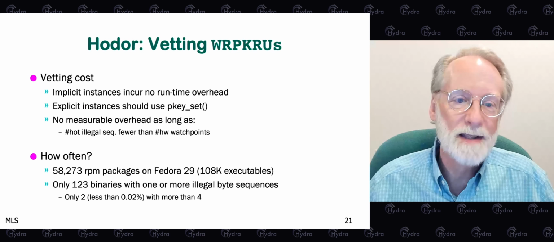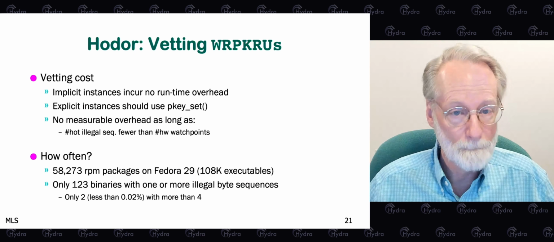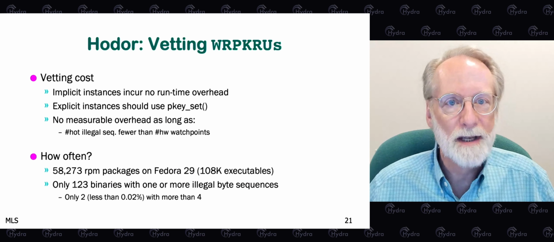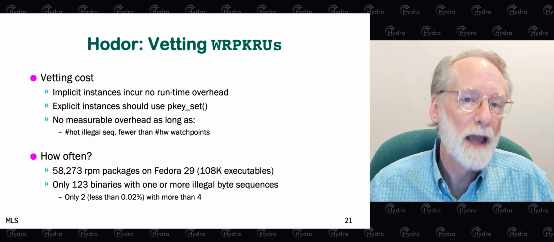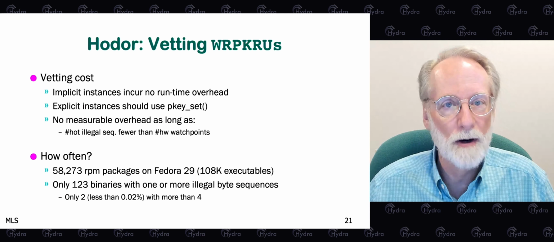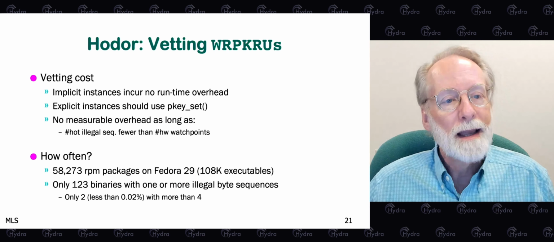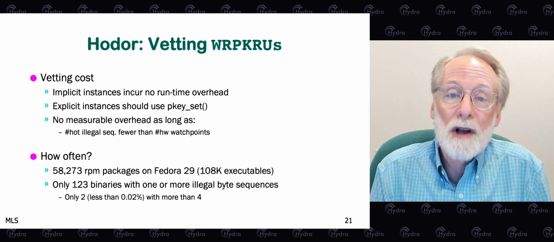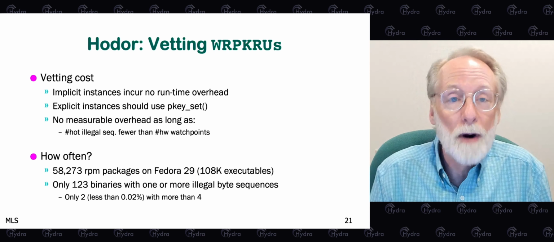So the question arises, how often is this a problem? Remember, of course, that unaligned, implicit instances of the instruction sequence and embedded data never incur any runtime cost. Explicit instances, because some applications really do use WRPKRU for their own purposes.